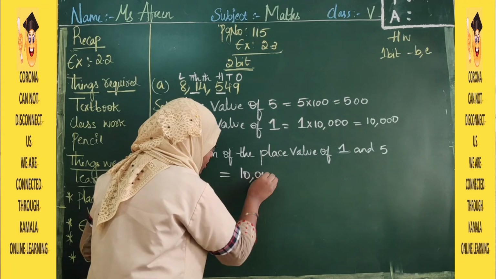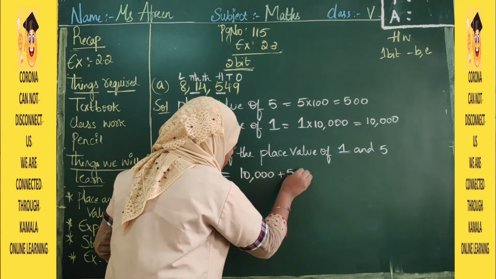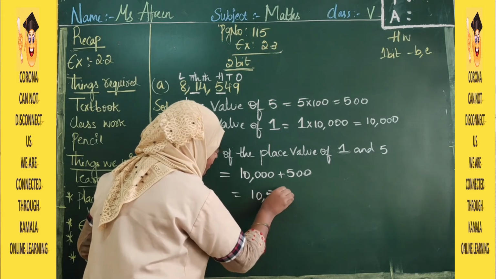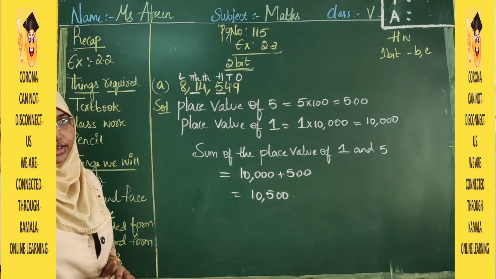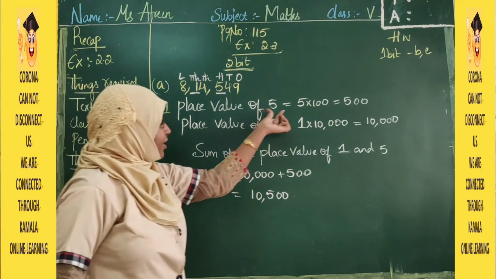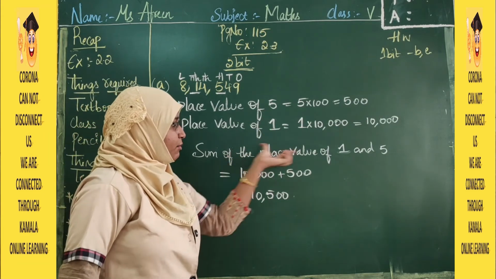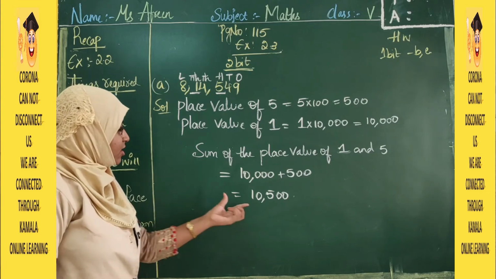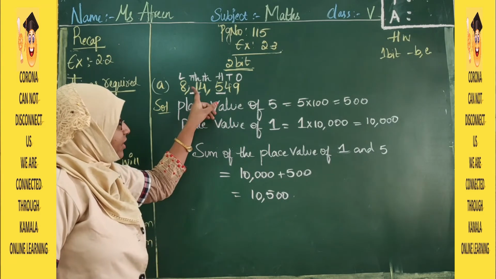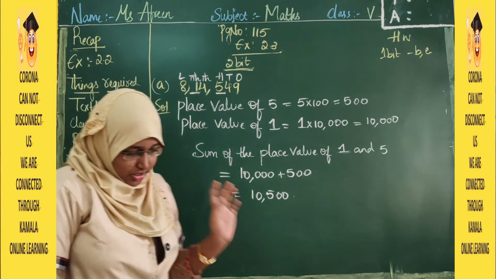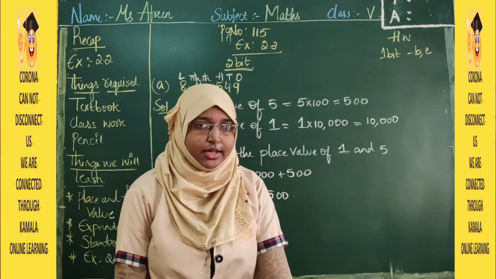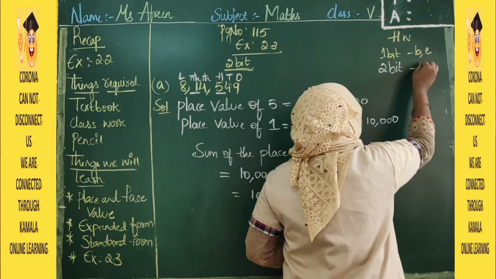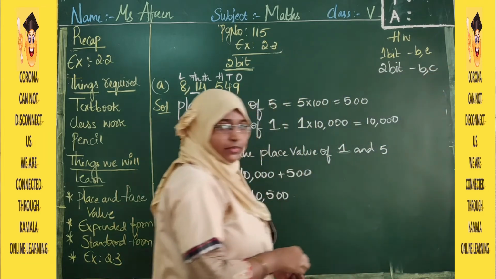So 10,000 plus 500. So what is the answer? 10,500 is the answer. This is how we write place value of 5, place value of 1, sum of the place values. So we are going to add both the place values. This is the sum of the color digit 1 and 5. Okay. So the same bit you can go with B and C. So in second bit you write the homework as B and C.